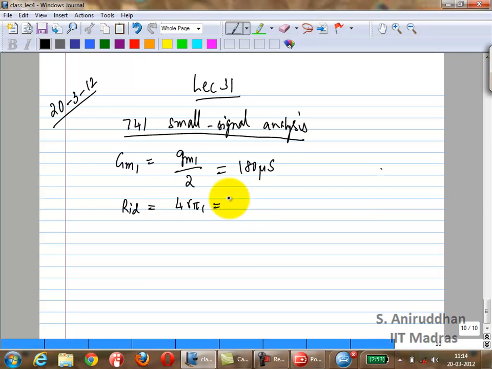Can somebody calculate? We're going to assume beta naught is 250. So what is the value of 4 R pi 1?